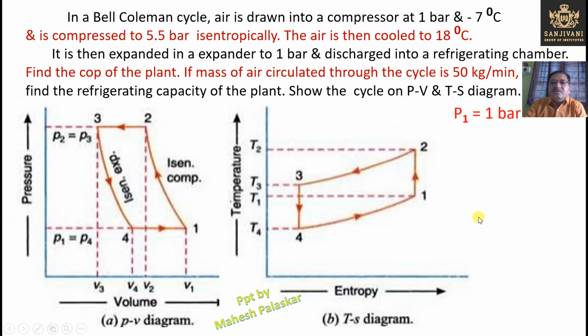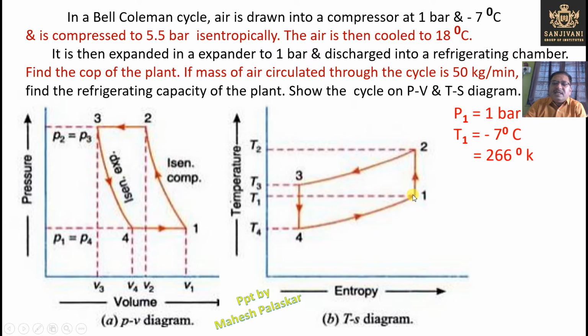Now what is given to you? P1 is equal to 1 bar. In a Bell-Coleman cycle, air is drawn into the compressor at 1 bar and minus 7 degree centigrade. So air is entering the compressor at 1 bar and minus 7 degree centigrade. So that is point 1, because 1-2 is the process of compression.